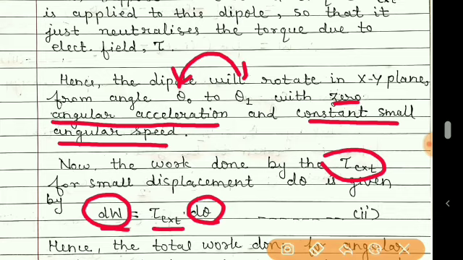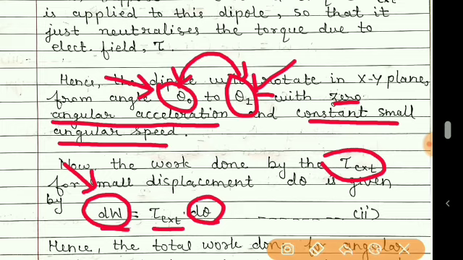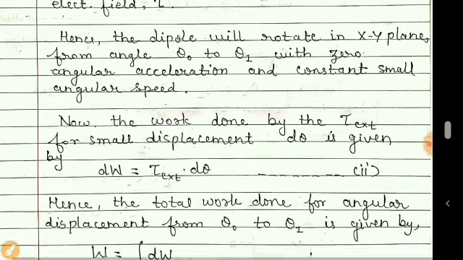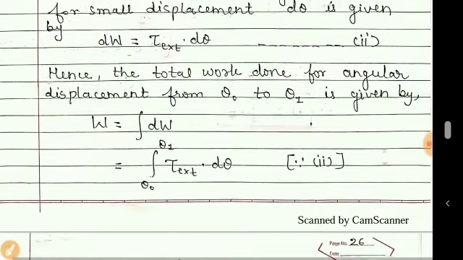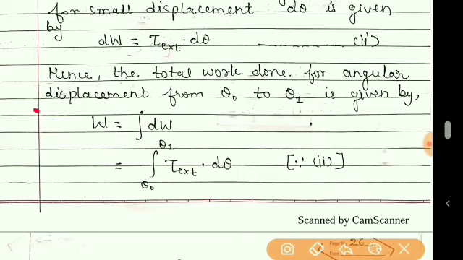And then to find the total work, we have to integrate, and the limits of integration will be theta naught to theta 1, meaning initial angle to final angle.